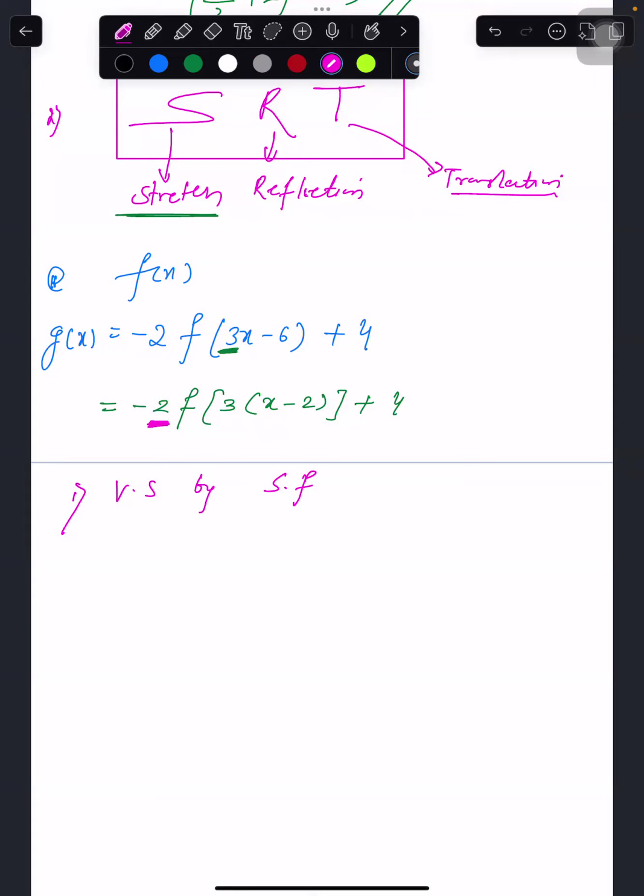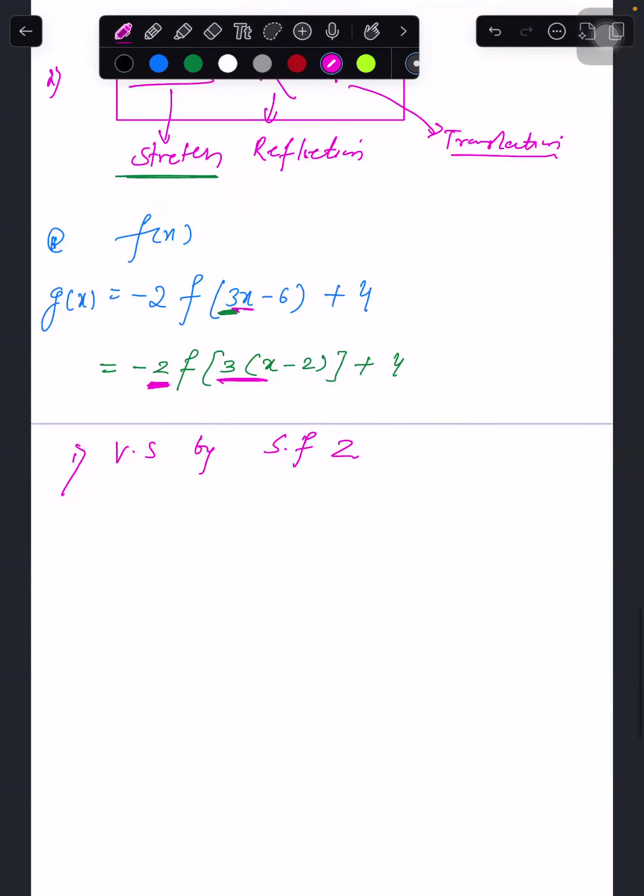The minus is for reflections; scale factor cannot be negative. So the scale factor is 2. Do you see any horizontal stretch? 3 into x. You always write the opposite: 1 by 3. Horizontal stretch by scale factor 1 by 3.